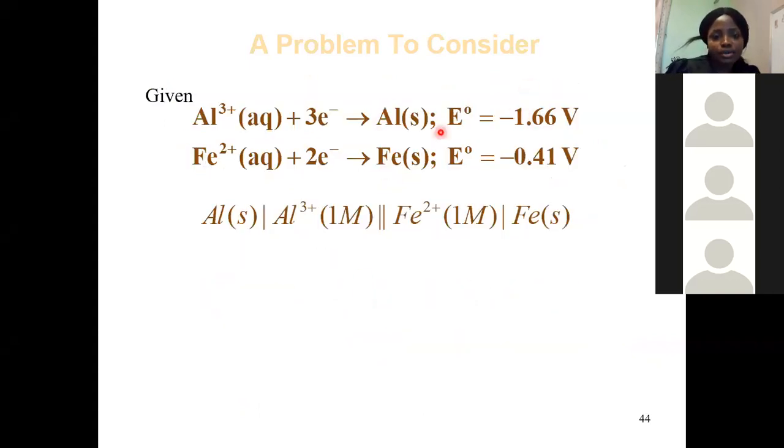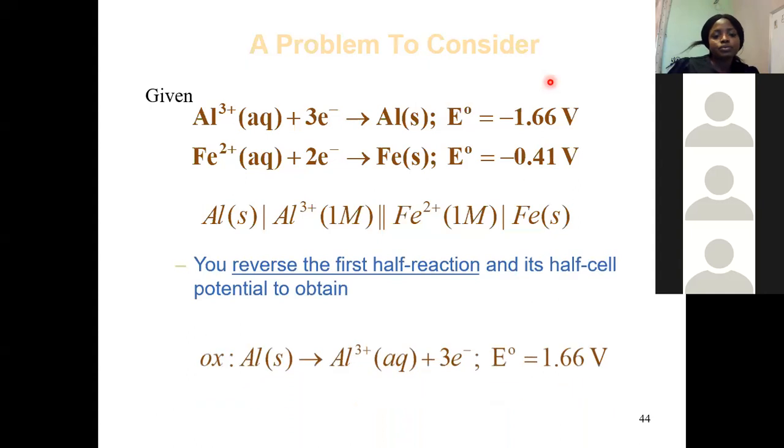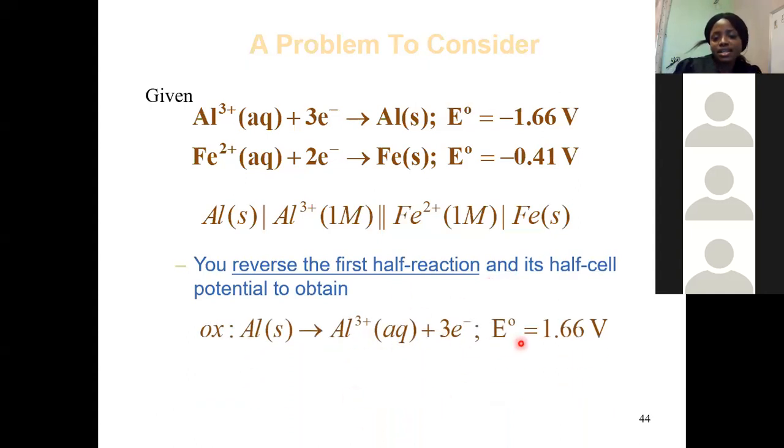Because you want to arrange it as oxidation, you have reversed it. Can you notice the difference in the value? Now it's the negative value of the standard electrode potential. This is because this was rearranged, because you want to add the two equations.